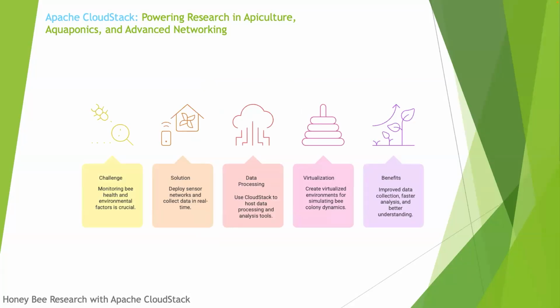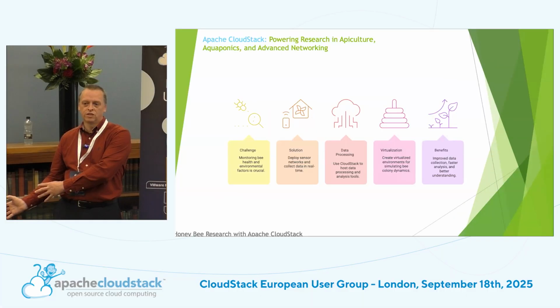So when you come to bees, whether anybody's familiar with looking after bees or anything like that, the challenge is really, how do you monitor something that effectively is happening inside a box? And it's not that easy to see inside that box, and there's some key things that happen, like if the weight of that box is wrong at the wrong time of year, you can end up losing your bees.